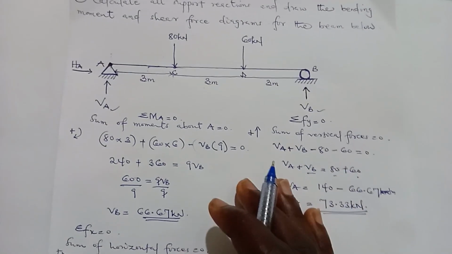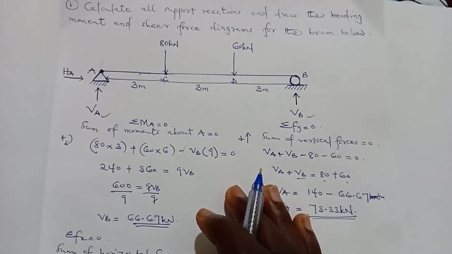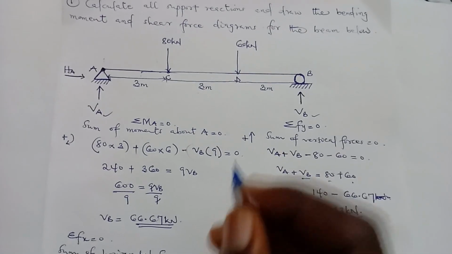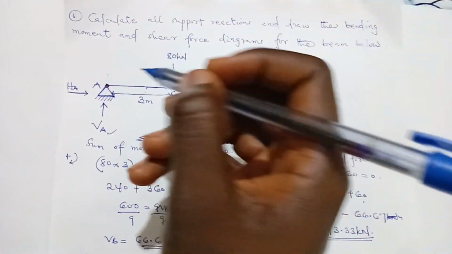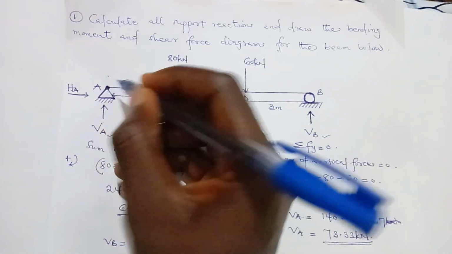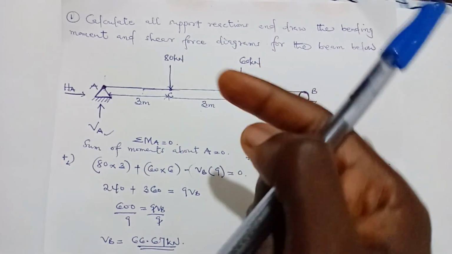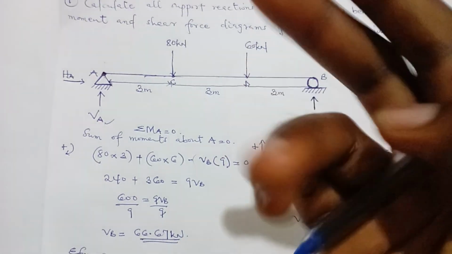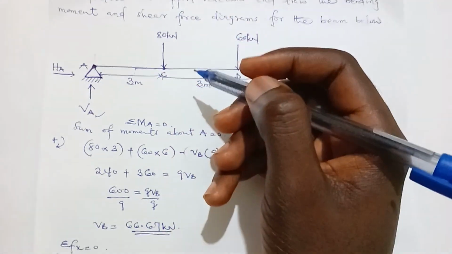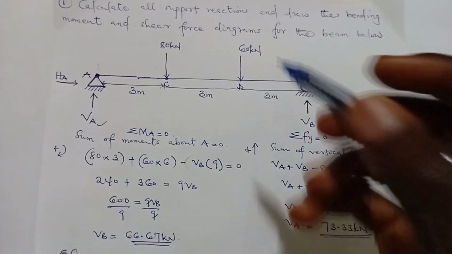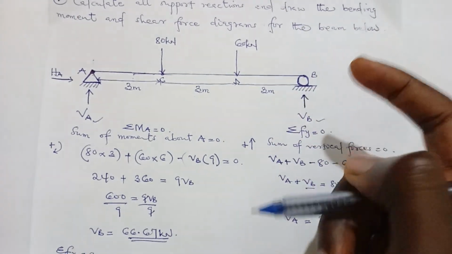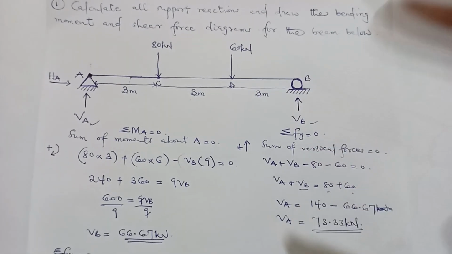For the shear force at each point, you have to calculate two shear forces. What do I mean? For point A, we'll calculate the shear force at A prime and the shear force at A. For C, we'll calculate C prime and C. For D, D prime and D.